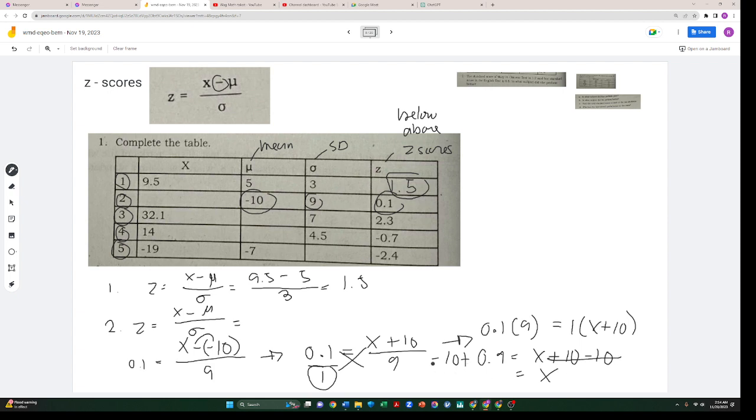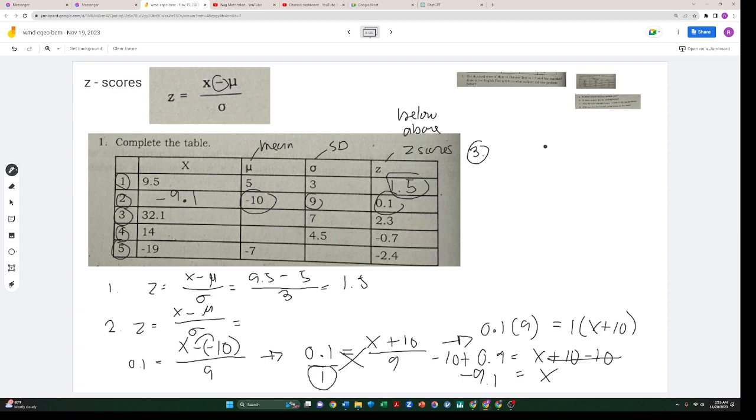Then negative 10 plus 0.9, which is negative 9.1. Therefore, ang answer ani kay negative 9.1. So, ana lang na siya. Okay? And then, next is number 3.